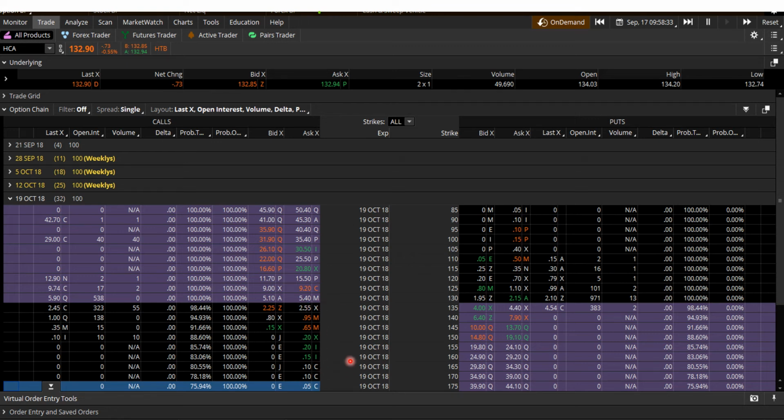Most platforms will be similar. Most of your in the money will be shaded. Your at the money will always be the closest strike price to the underlying, so generally it'll always be the first shaded box, and your out of the money is your unshaded.